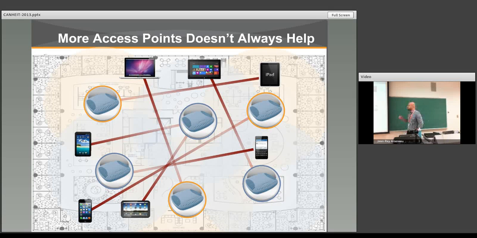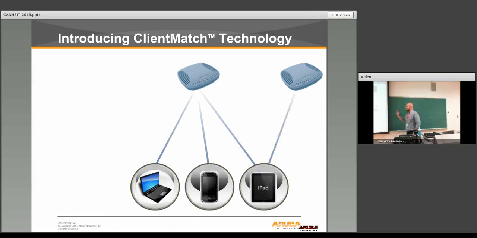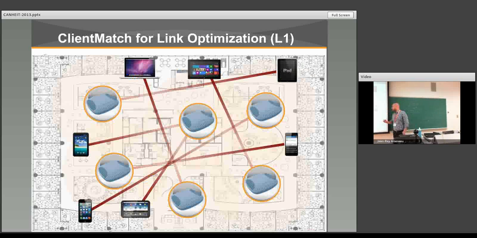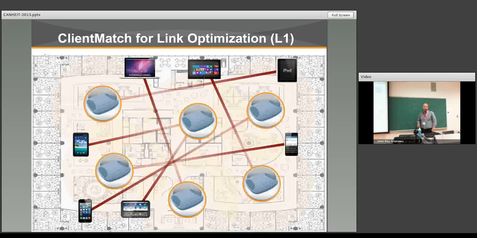The other thing this allows us to do is layer on additional technologies in terms of how we're balancing clients. Once we get the APs and the clients communicating in the proper fashion, where they're talking to their closest access point, then we have to take a look at layers 2 and 3 in the network. From a 2 and 3 perspective, these APs are aware of the traffic happening on them in terms of channel utilization.